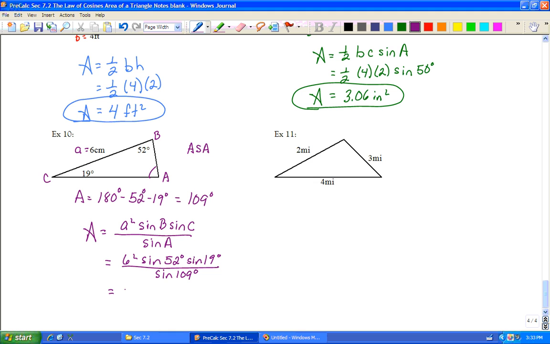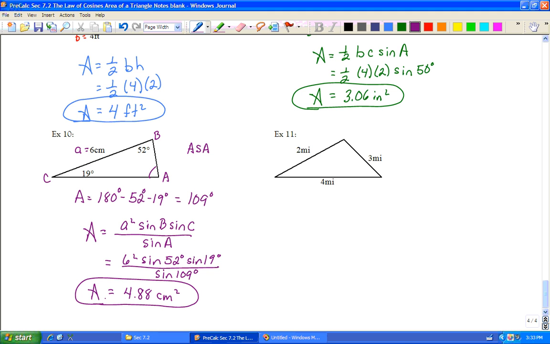Okay, and you just type all of that into your calculator, and we end up with the area for this triangle being 4.88 centimeters squared. And make sure you do plug those into your calculators to make sure you're getting the same answer.